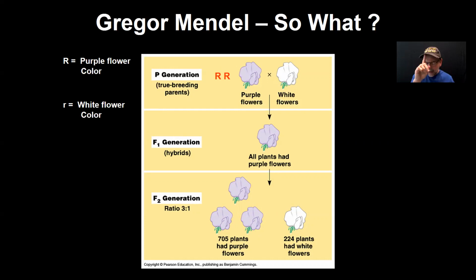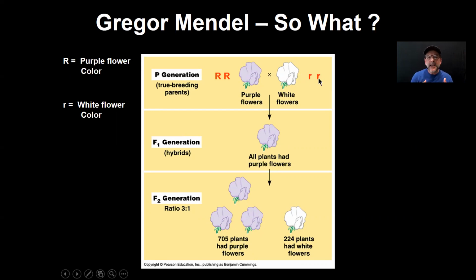Well, why 2? Because we carry all of our chromosomes in homologous pairs. We get those chromosomes from our biological parents. So I get one chromosome from my biological mother and one chromosome from my biological father. I, as a pea plant, would then be big R, big R. Or if I was the other flower, I would be little r, little r.